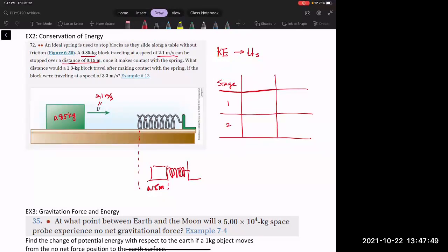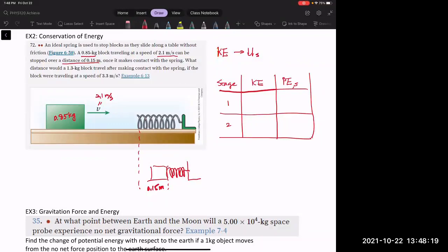Then we look at what are the kinetic energy, potential energy, and possibly has some work as well. So here I have a kinetic energy, here I have a potential energy, but the potential energy in this case is related to spring. We don't consider gravitational potential energy because they are working on the flat surface. There's nothing going to change that.